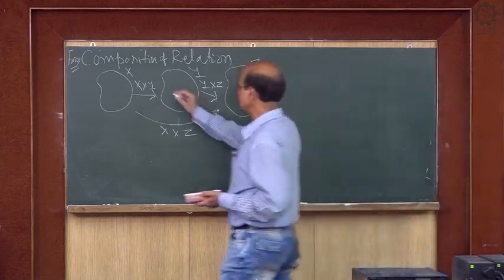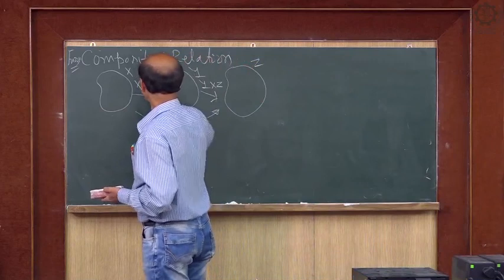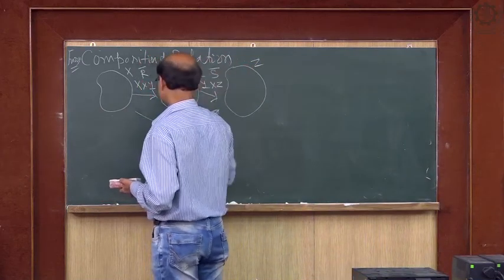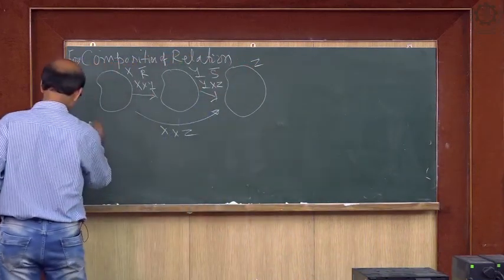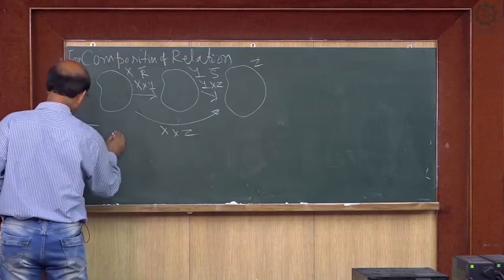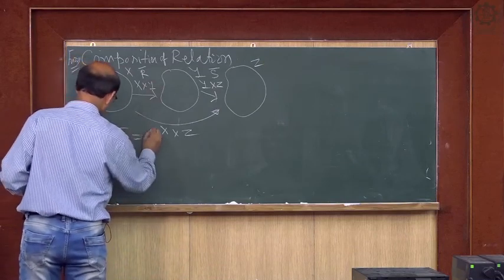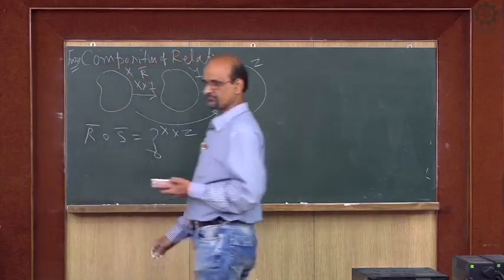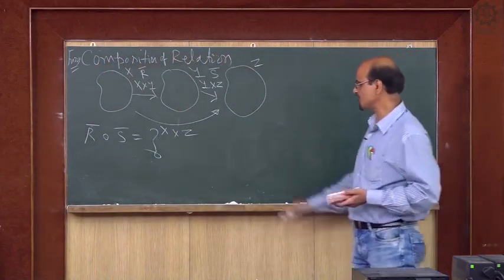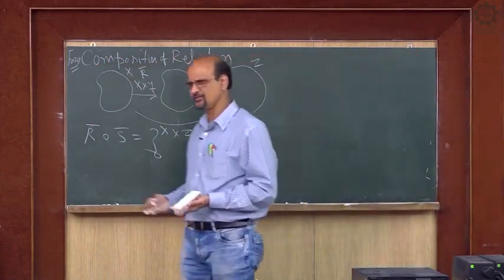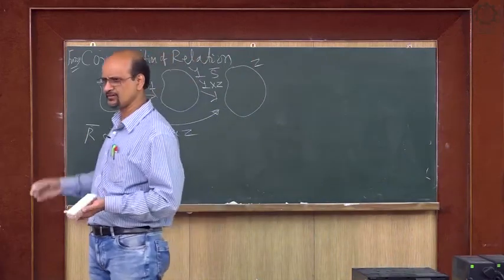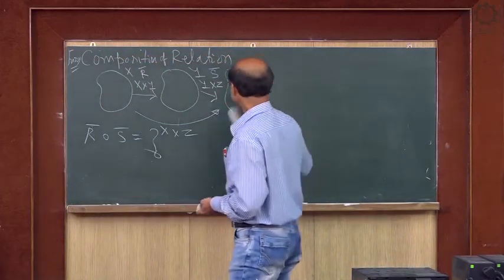Means I have a relation, suppose R and here S, then what is R bar S bar, that we have to find. And for these we have three methods, very simple, only max min type you have to take. So, let us have that.